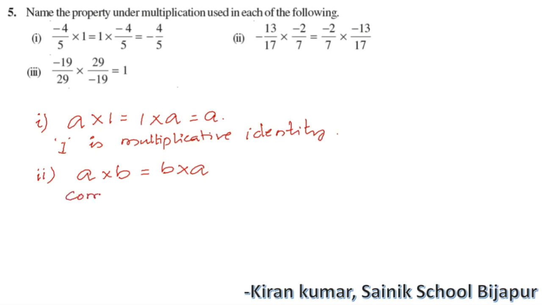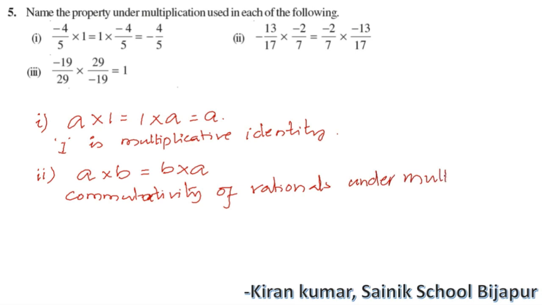The commutative property or commutativity of rational numbers under multiplication.